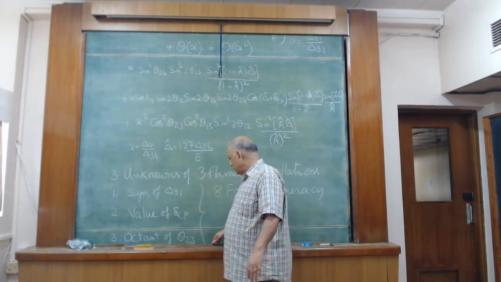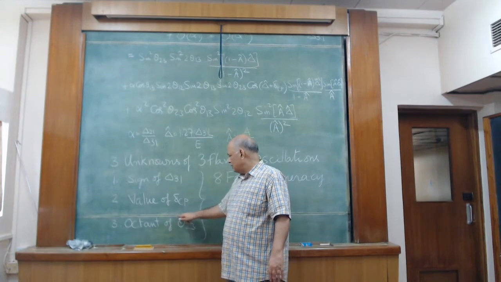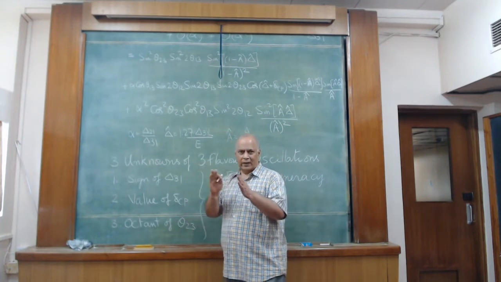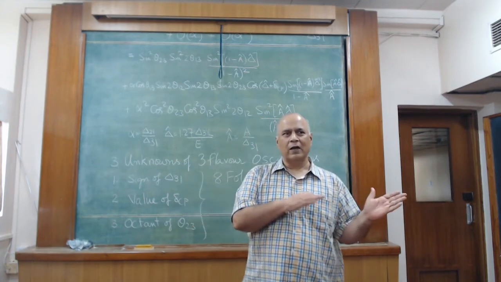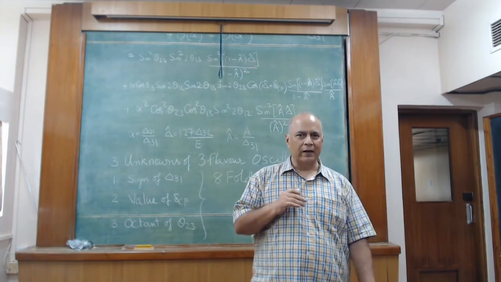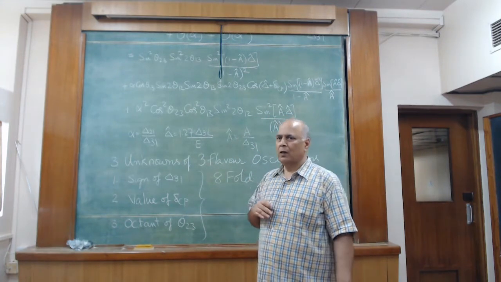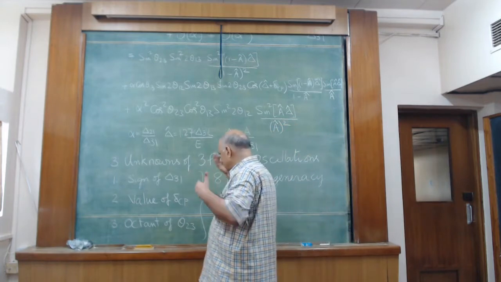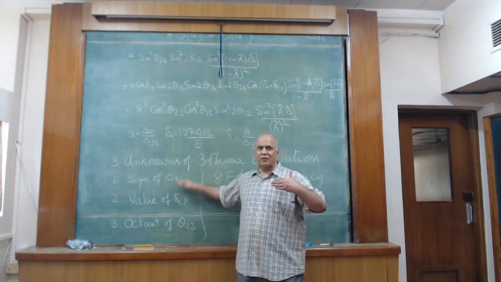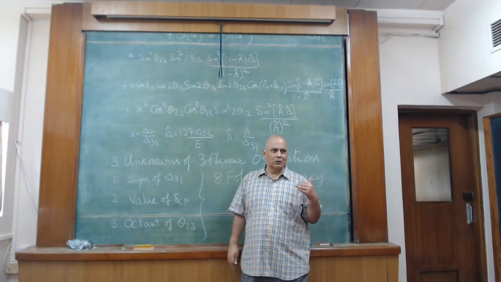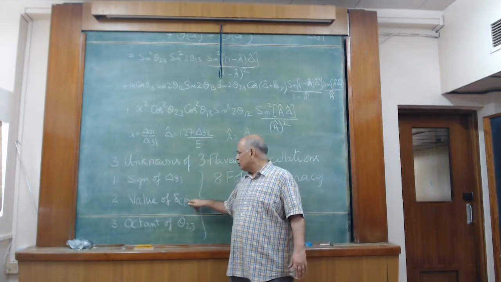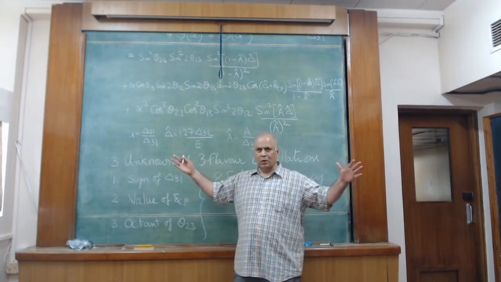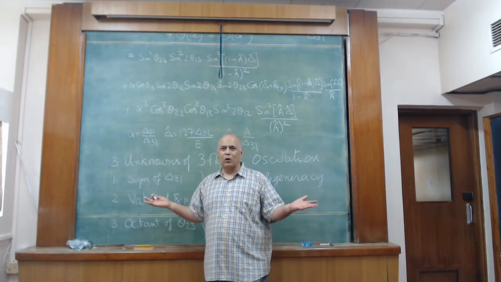And here also, this is a continuous variable, but I can discretize it by asking sine square theta 23 less than half, sine square theta 23 greater than half. So if I consider these discretized values of these unknowns, then you can imagine 2 times 2 times 2 possible 8 combinations.